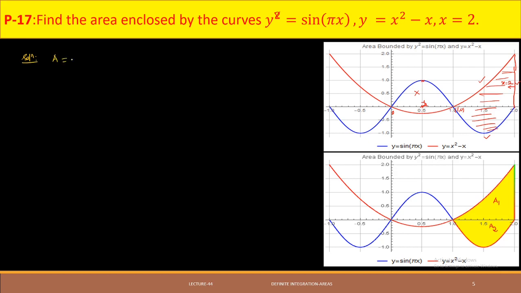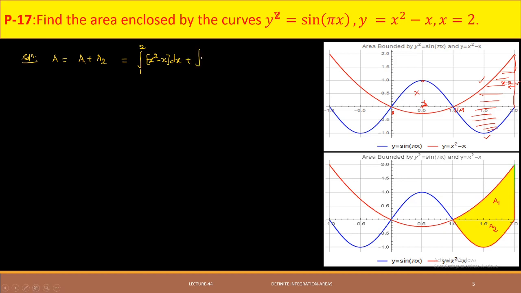Area A is split into 2 parts, namely a1 plus a2. The first area is under the parabola, which is above the x-axis. So the integral you can write directly. This is 1 to 2, x square minus x into dx. Directly we'll be getting that.